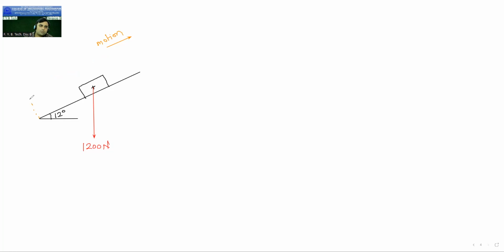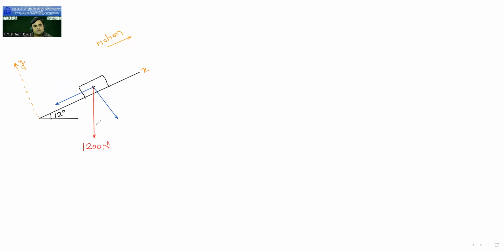These types of problems we have already solved. So this is our x-axis and this axis is the y-axis, since the body is on the inclined plane. Now if I resolve the weight, I will get one component in this direction and the other component in this direction.